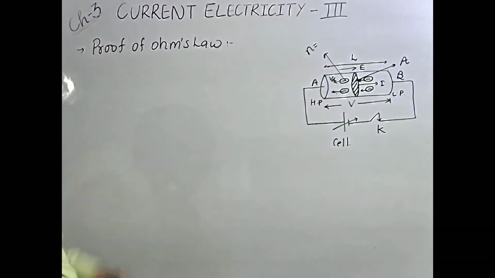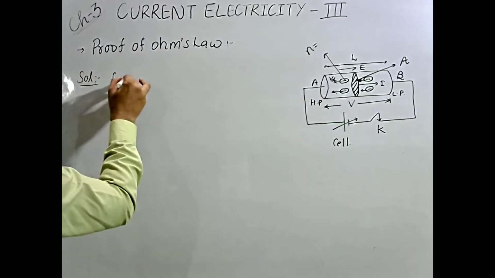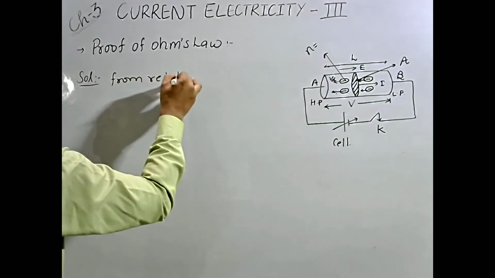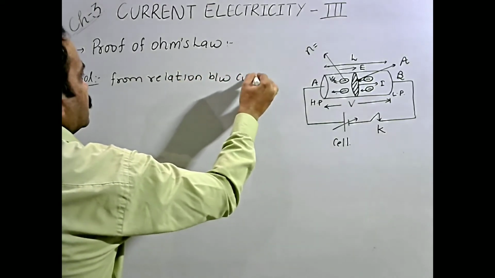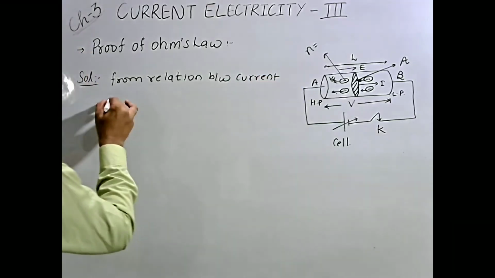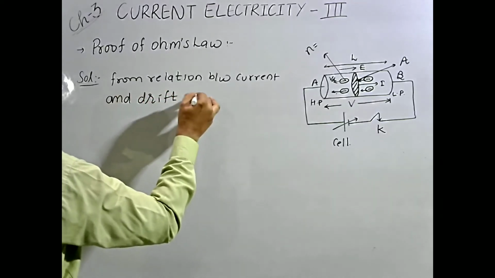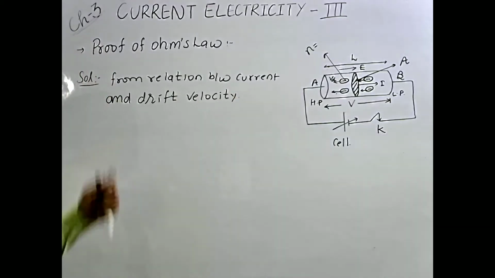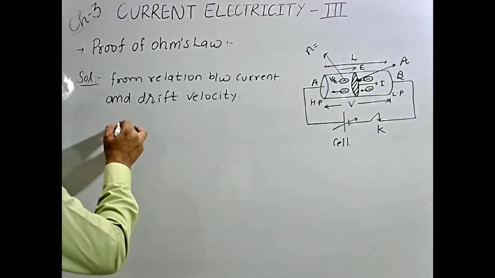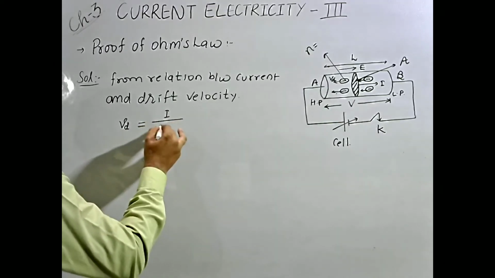From the relation between current and drift velocity, you know what is the relation between current and drift velocity? Yes, Vd is equal to I upon nEA.